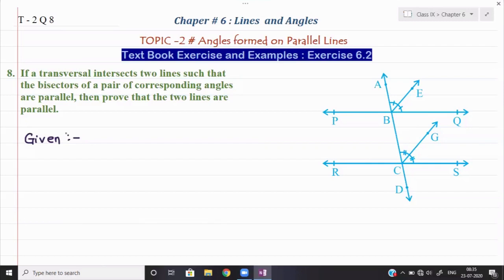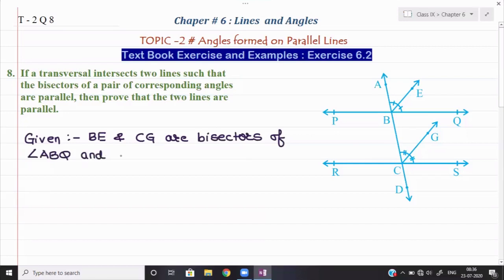So first we shall mention the given things. We'll write down: BE and CG are bisectors of angles. The first angle is angle ABQ and the second angle is BCS.